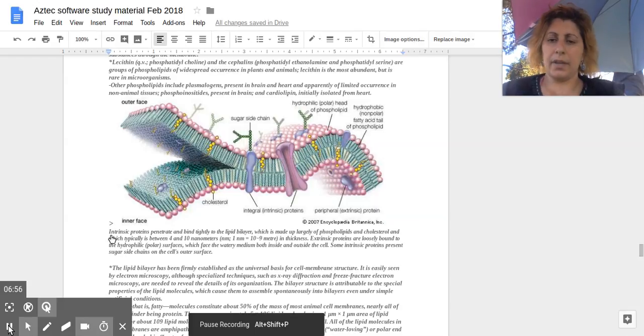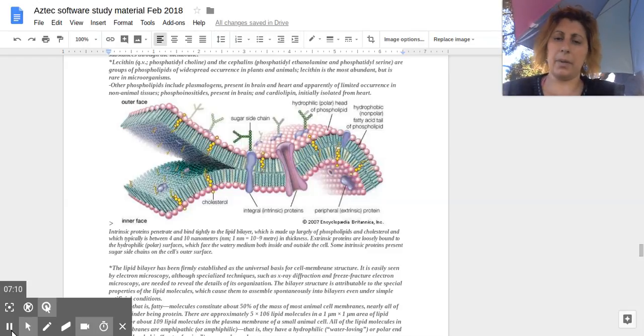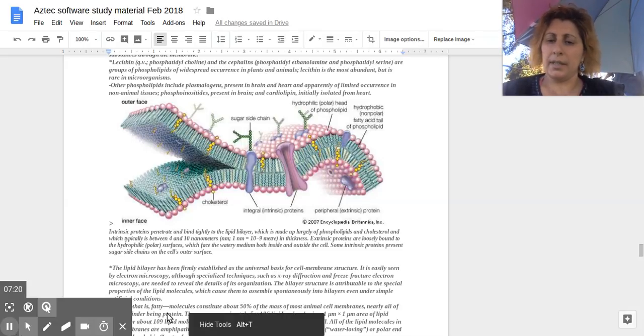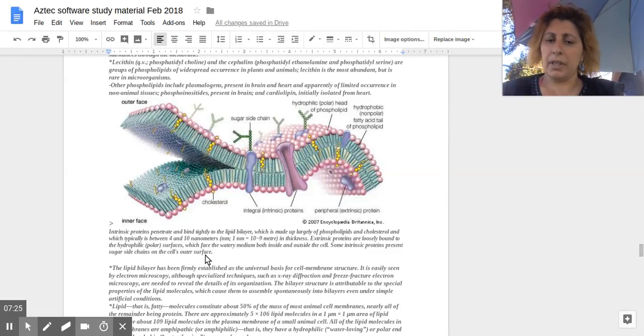Depending on the function of the cells and the tissues, you have different consistency of the molecules in the layer of the cell membranes and the phospholipid consistency. Intrinsic proteins penetrate and bind tightly to the lipid bilayer, which is made up largely of phospholipids and cholesterol.